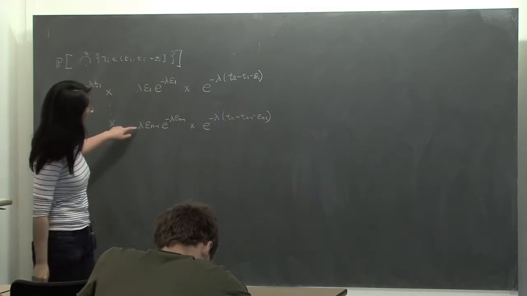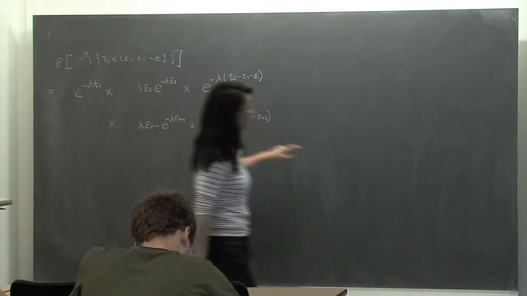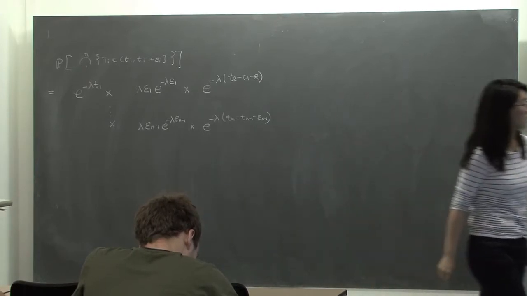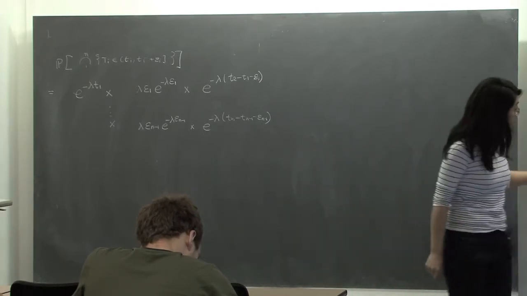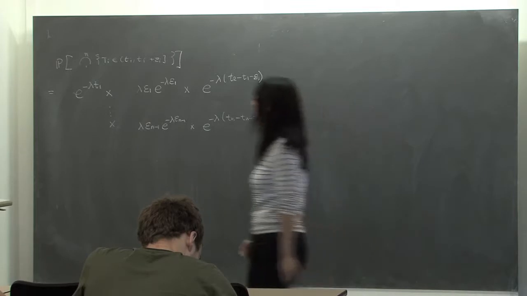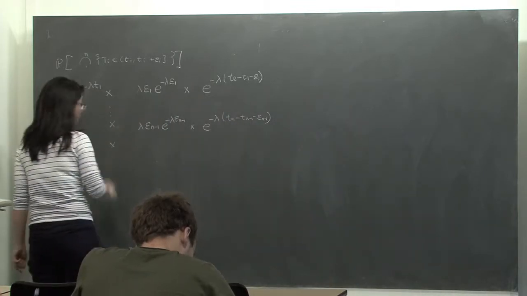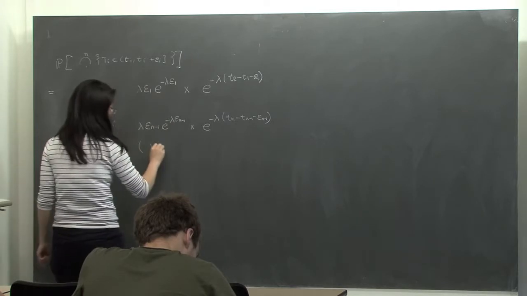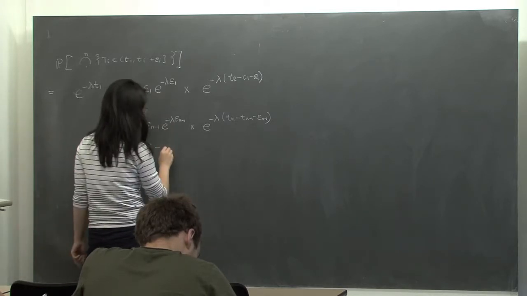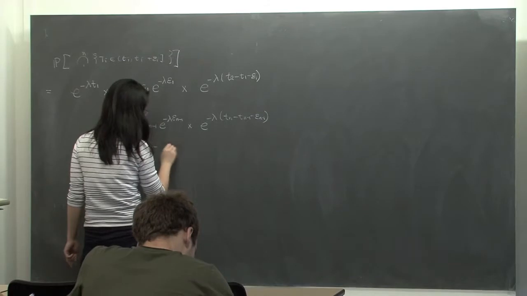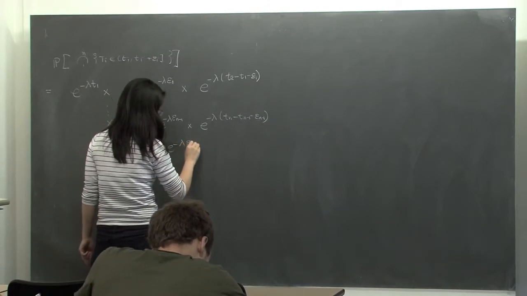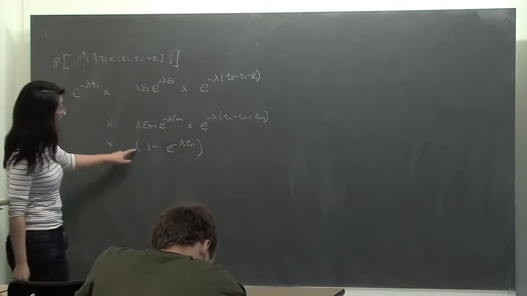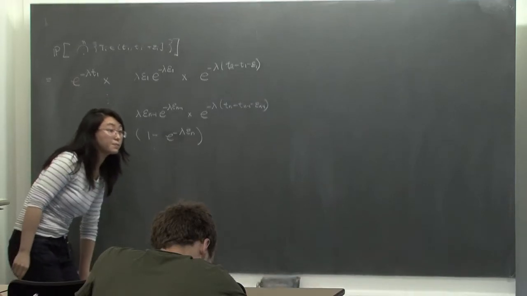So this is the event for the n minus 1 customer. For these events, this is the probability. And for the last one, it corresponds to a Poisson random variable greater than 1, and the probability is 1 minus the probability that it equals 0. So this is the probability of the last event.